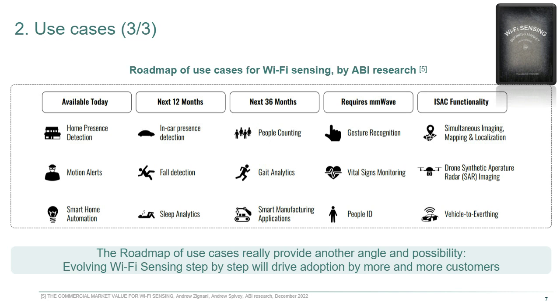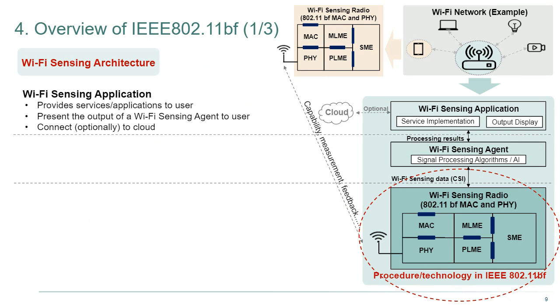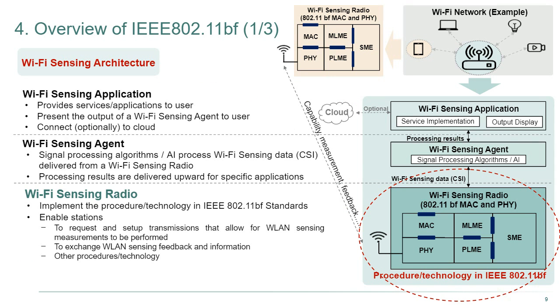Yeah, I think we can go to the slide. Yeah, this slide. Based on my understanding, the AI algorithm will be located in the Wi-Fi agent, this layer. Because it's more related to this layer, it's not the core part of the standard, but it may have some special requirements for the standard.